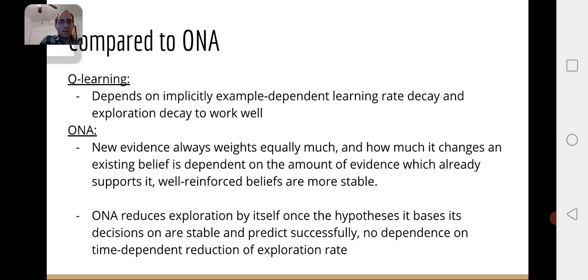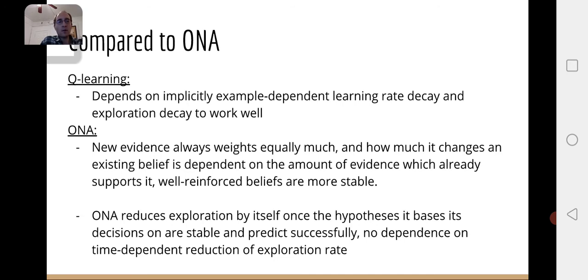Also, NARS can reduce the exploration. So OpenNARS for Applications can reduce the exploration rate by itself because it knows how confident the different hypotheses are.